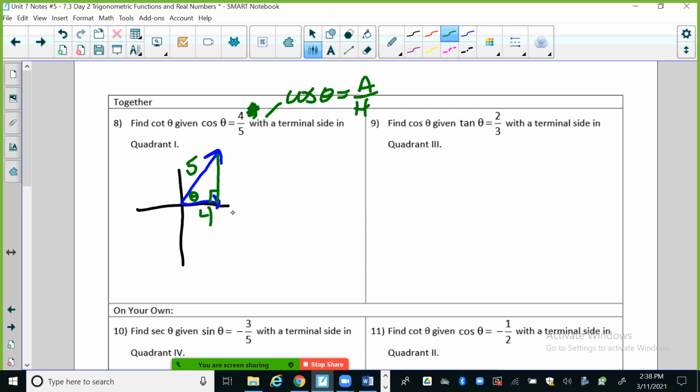So we need to find the third side. This is a Pythagorean triple, a 3, 4, 5 right triangle. If you don't have that memorized, you can always do Pythagorean theorem to find that side. So cotangent of theta we know is adjacent over opposite. So cotangent of theta is equal to 4 over 3.